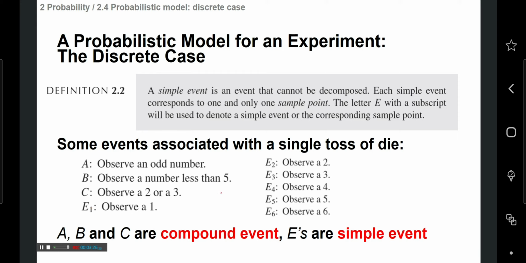E1 is observe a 1, E2 is observe a 2, and E6 is observe a 6. In this textbook, they use E with a subscript to represent a simple event. Here A, B, and C are called compound events, and the Es are simple events by definition.